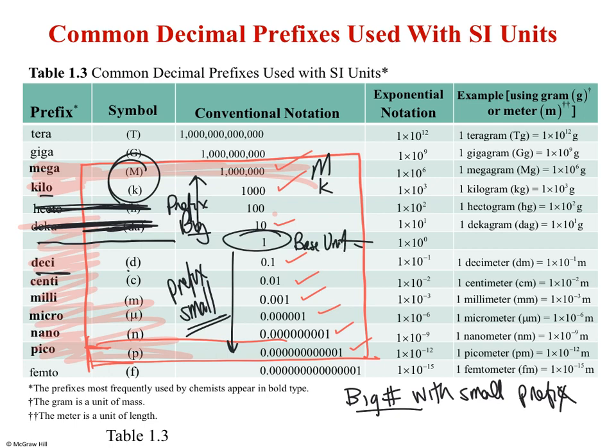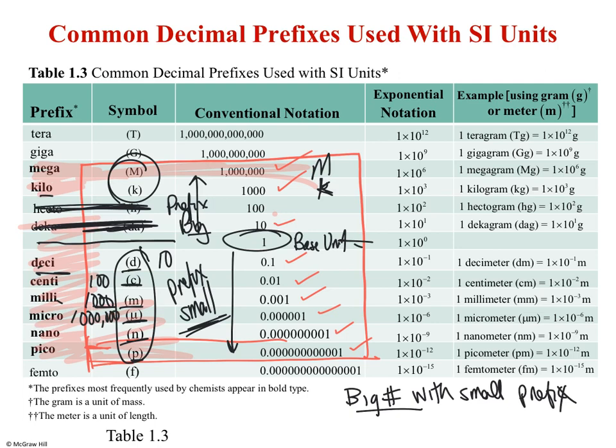These prefixes, deca, centa, milli, micro, nano, and pico, they're small prefixes. And you see how they're little letters? Minus this K for kilo, these are all little letters. And what does deca mean? A decade means 10. Centa means a century, which is 100. Milli means 1,000. Micro, see this is 3 zeros.